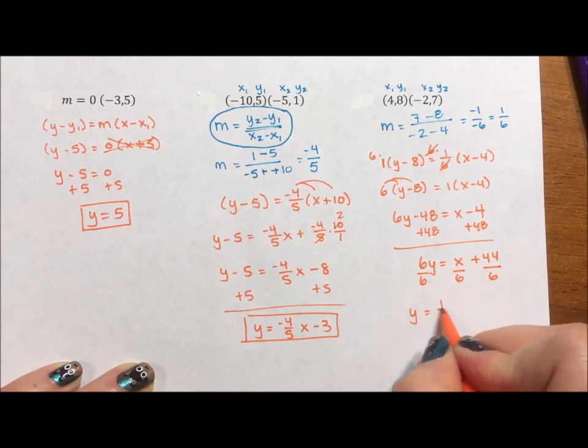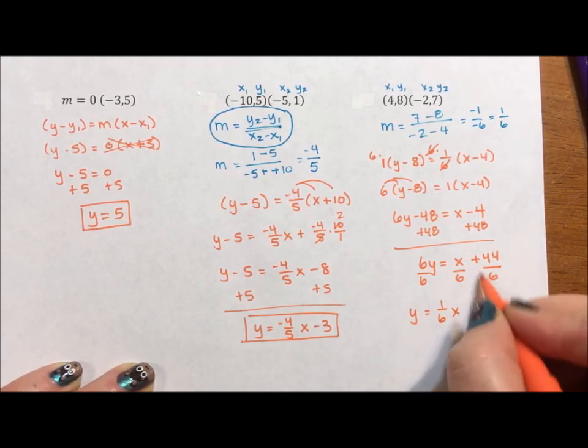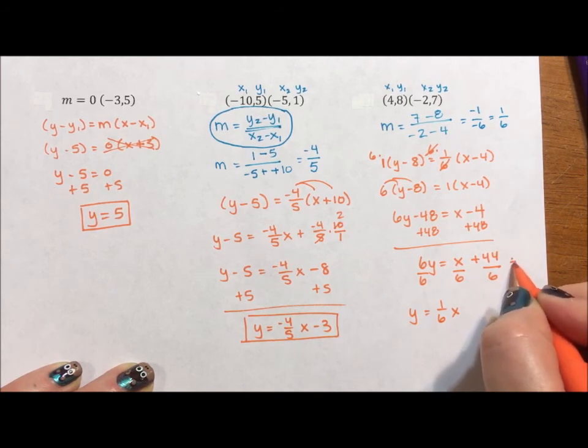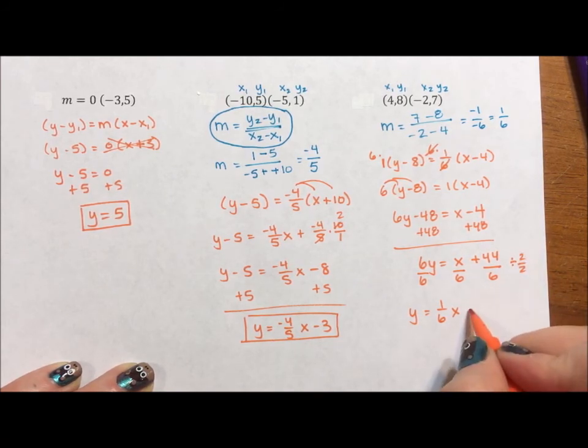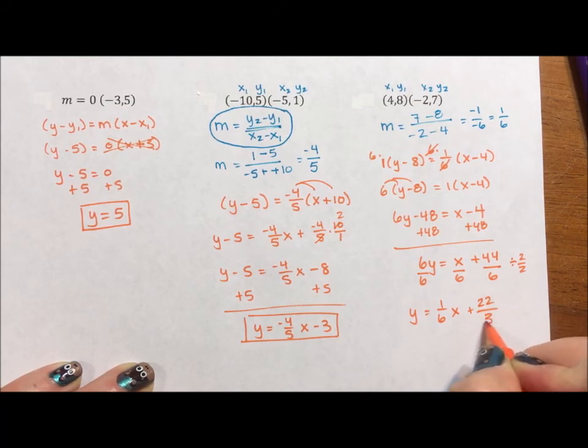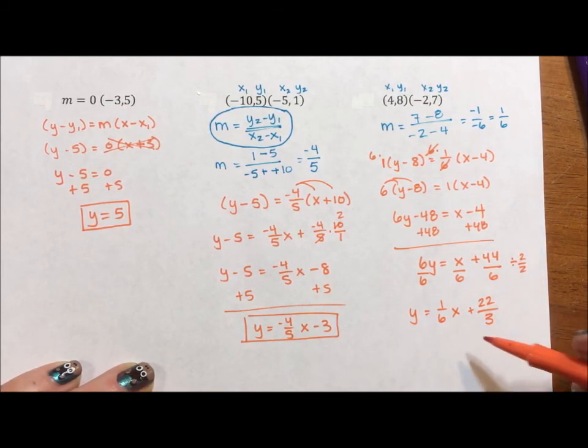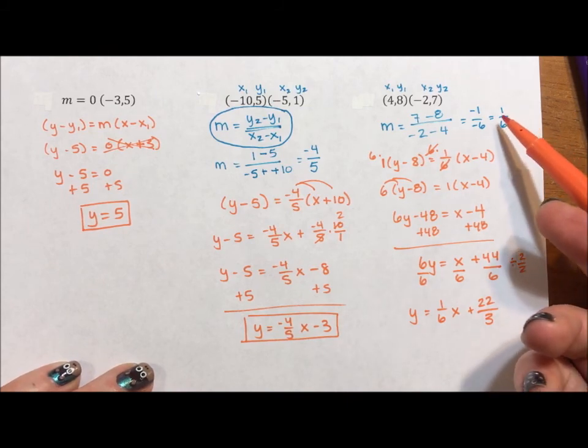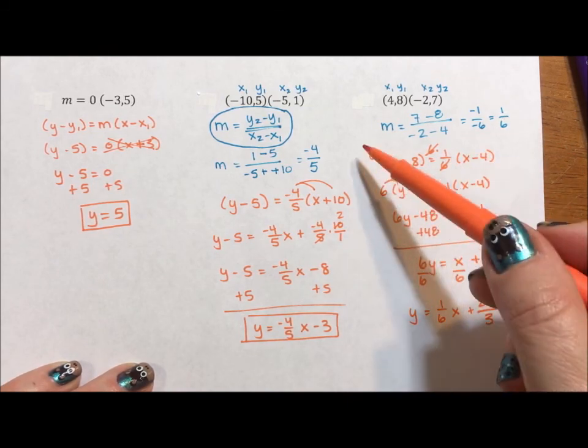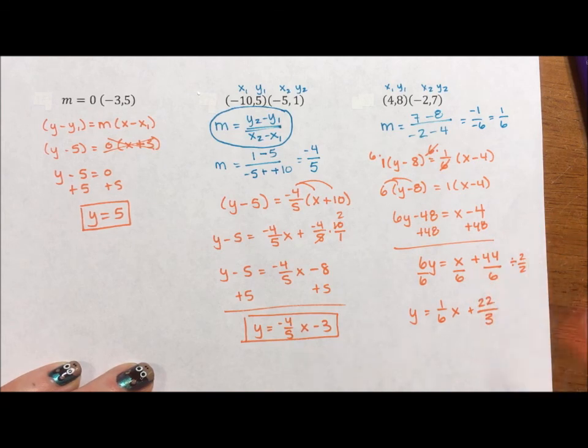I can leave it as x over 6 or 1/6 x. This I need to reduce, so I'm going to divide 2 out of top and bottom, so I have 22 thirds. And this problem is pretty much as hard as it gets. We had everything from having to find the slope, to having to clear the fraction, down to having to reduce the answer at the end.